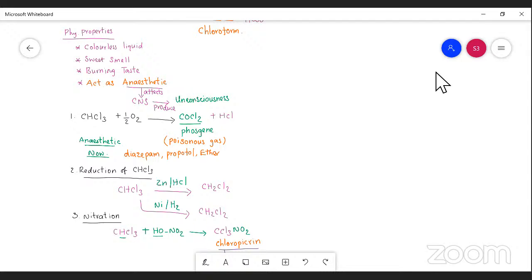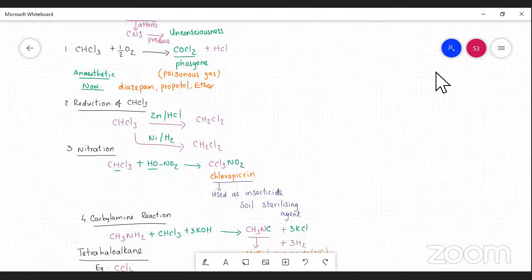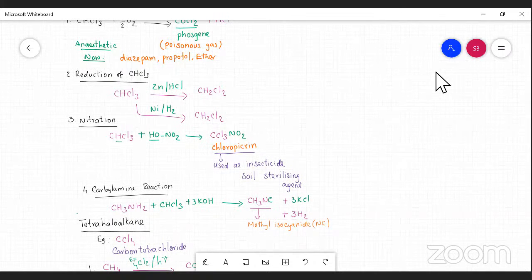Then we take some reactions of chloroform, that is reduction of chloroform, which we have already done; we use methylene chloride. In nitration, we treat with nitric acid and get chloropicrin, which is an insecticide and also acts as a soil sterilizing agent.